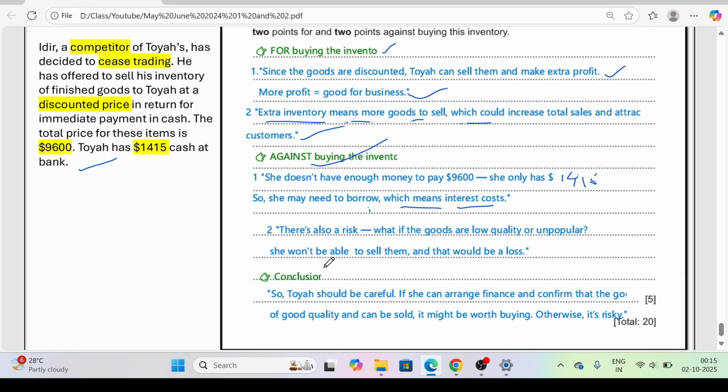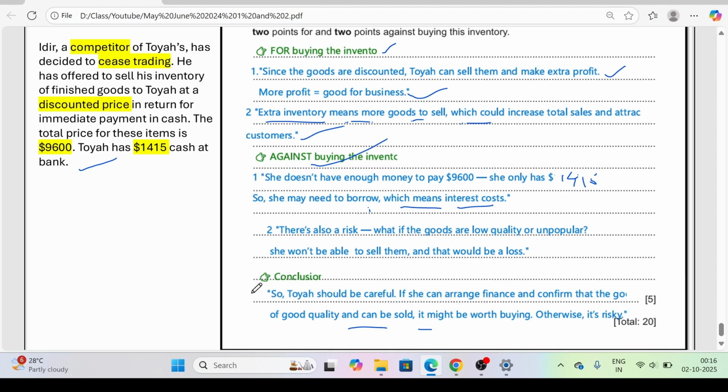Then the conclusion is very, very important. So Toya should be careful. If she can arrange finance and confirm that the goods are of good quality and can be sold, it might be worth buying, otherwise it's risky. Okay, so this is the important conclusion.